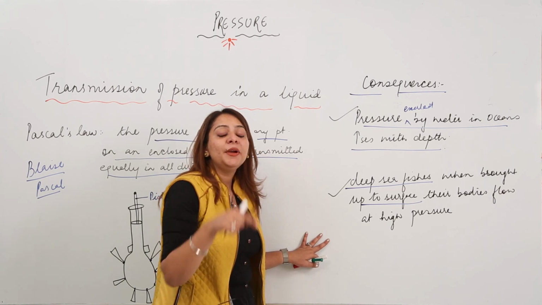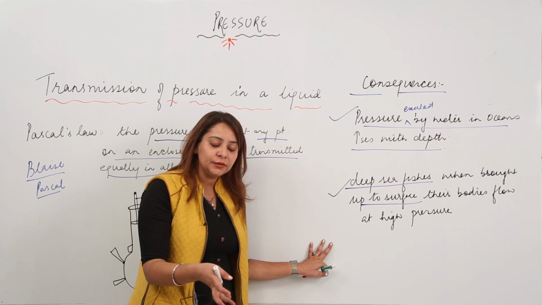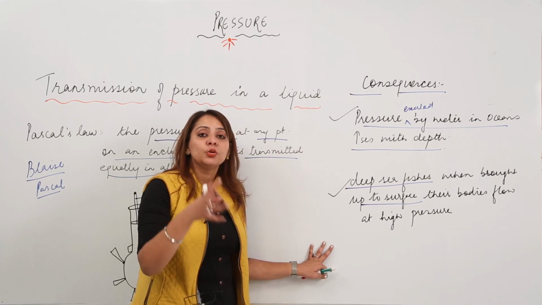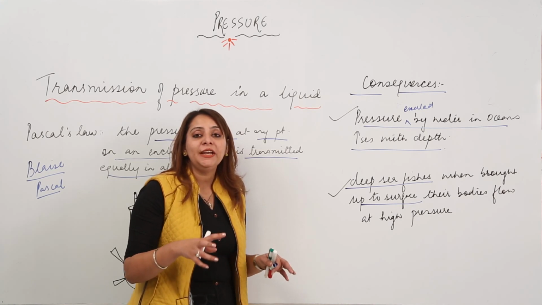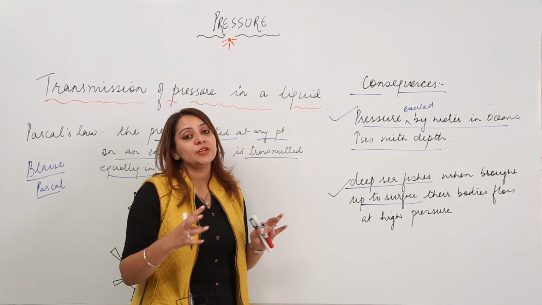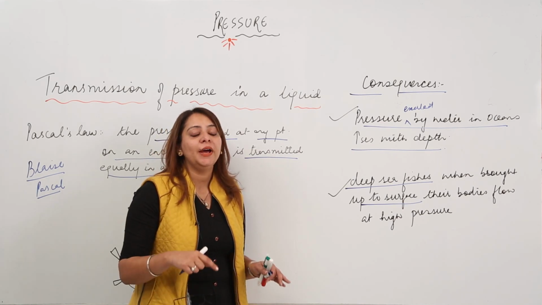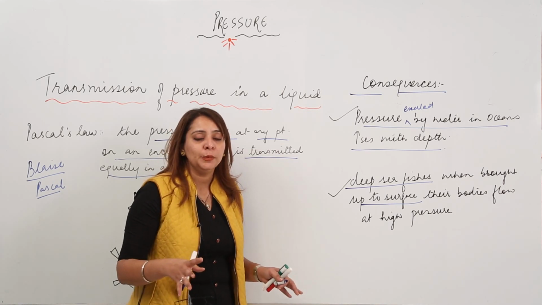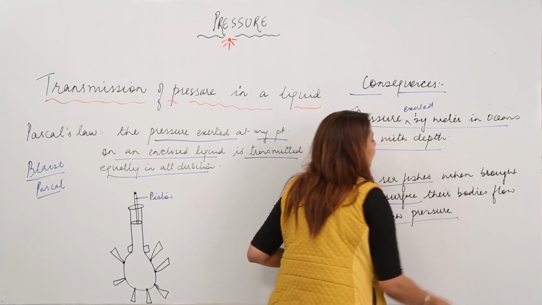The difference in pressure is so much that when we move a fish from the deep to the surface, its body gets burst open. Due to the tremendous change in pressure between the surface and the bottom, their body just bursts open.